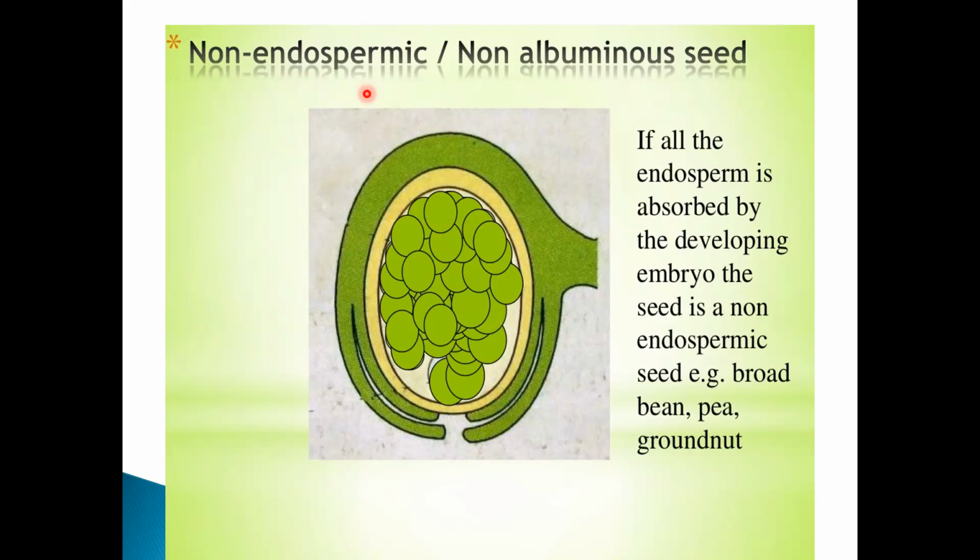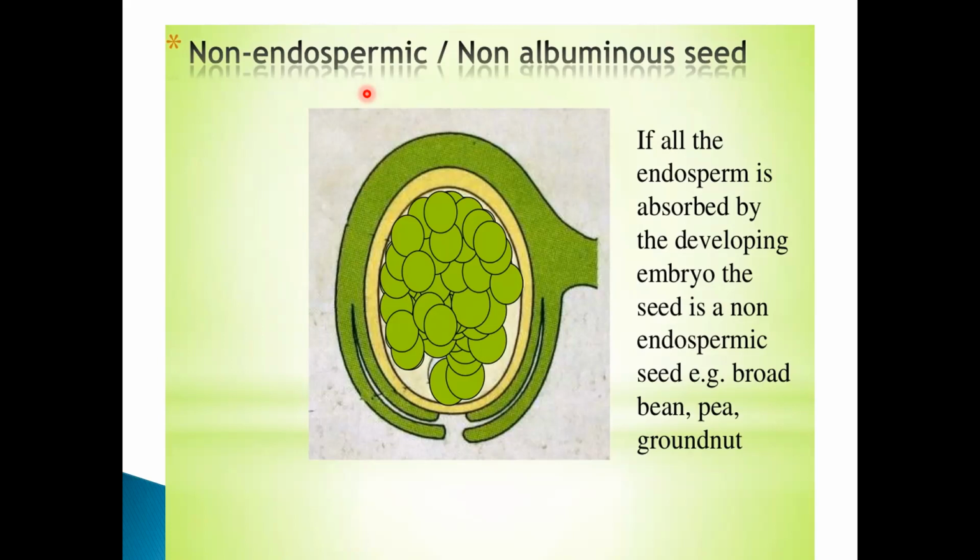So you need to give this definition: if all the endosperm is absorbed by the developing embryo, the seed is a non-endospermic seed or non-albuminous seed. Examples are pea, groundnut, and broad bean. So you need to know the examples as well.